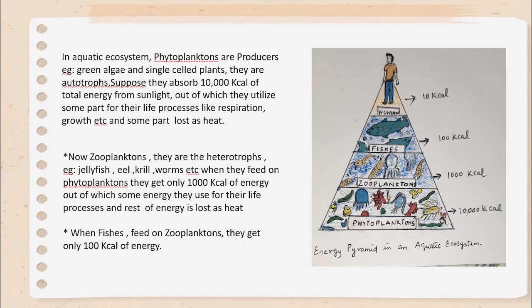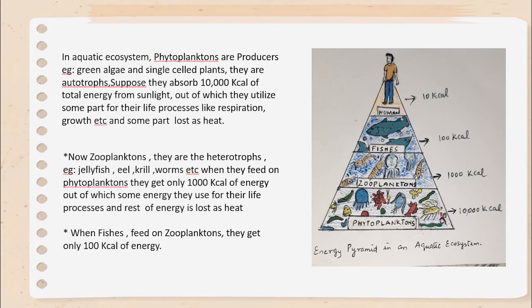Now, zooplanktons, for example jellyfishes, shrimp, krill, etc., come under the category of zooplanktons. Zooplanktons are heterotrophs, and when they feed on phytoplanktons, they get only about 1000 kilocalories of energy, out of which they use some part for their life processes and the rest is lost as heat.